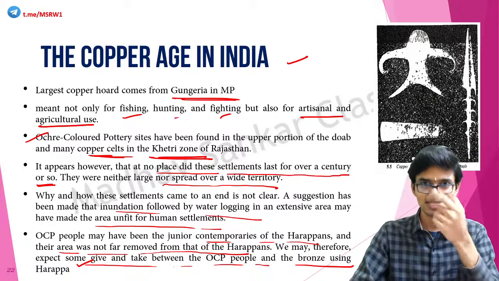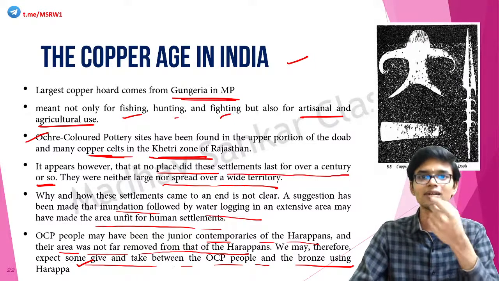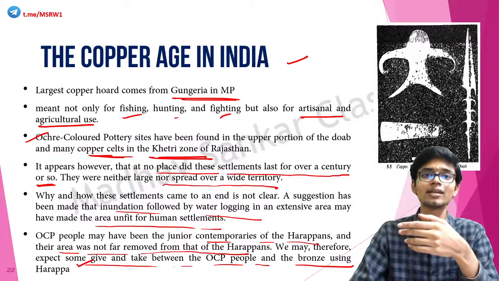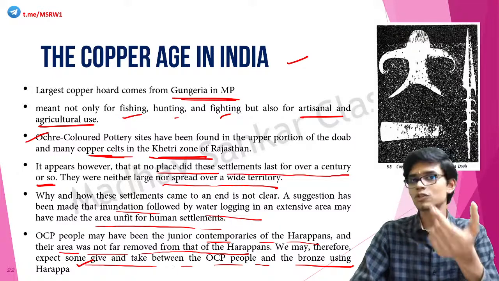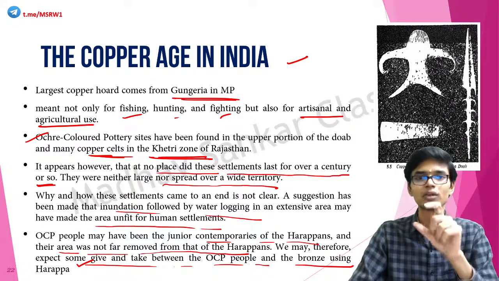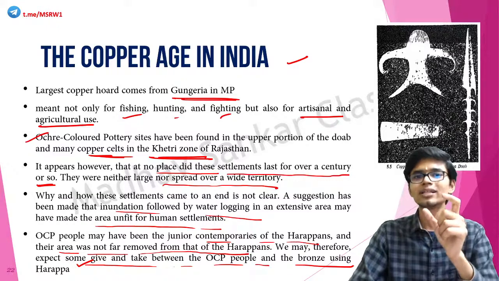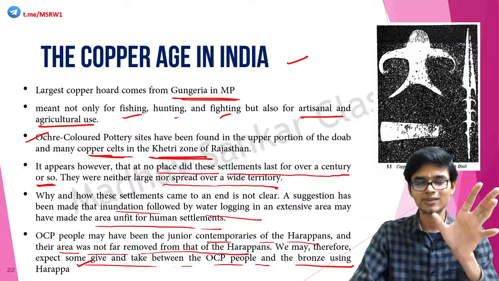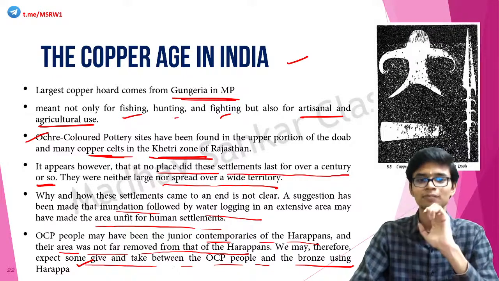We also see that there has been some give and take. For example, we have clearly established that Daimabad may have been influenced by Harappans. We also find some bronze metals in certain Chalcolithic sites. So from all this, it is guessable that there has been some influence of Harappan society or Indus Valley civilization on Chalcolithic society.